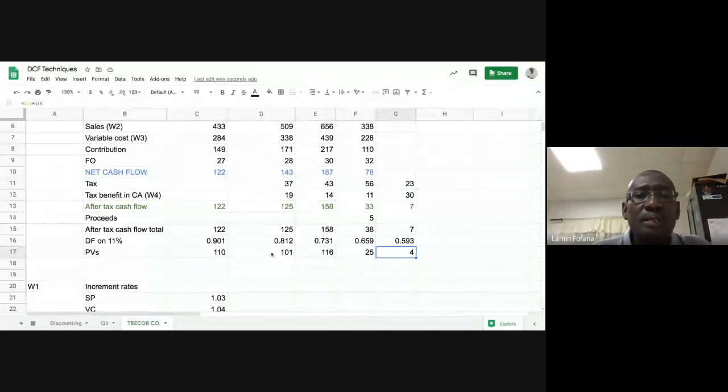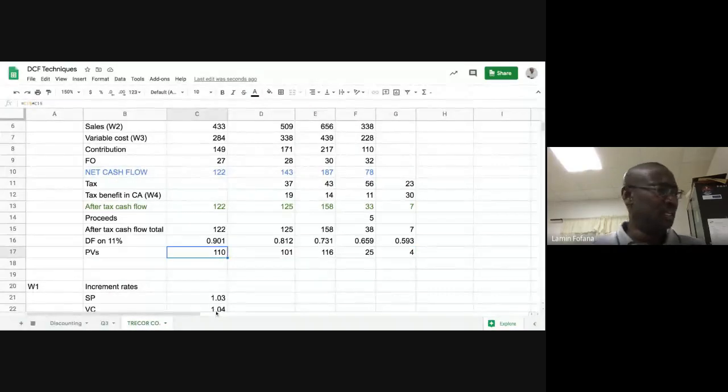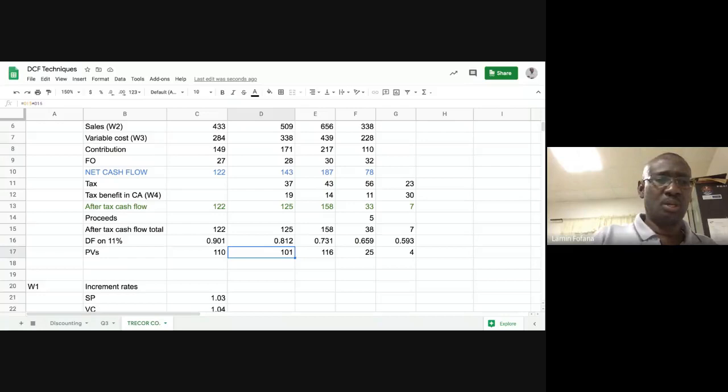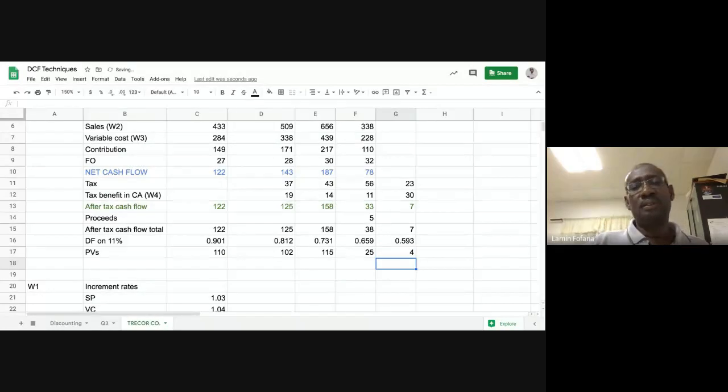Because of the rounding, if you remove them from the calculator and multiply them, these are the numbers that you should get. Okay? Are we together? Are you following?